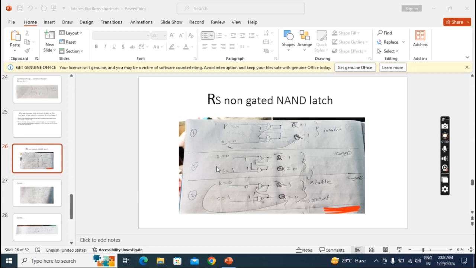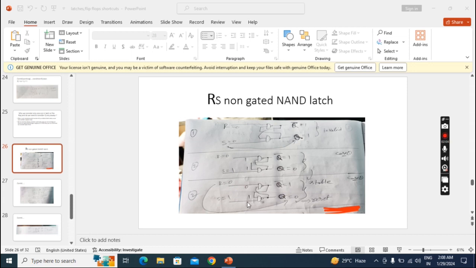Now, second condition, first case: here I am giving R 0, S 1. I will take the first condition output as feedback, then I will get Q bar 1, Q 0. Then to know the stable output, I will apply S 0, R 1 again and feed back the case 1 outputs, then I am getting a stable output.